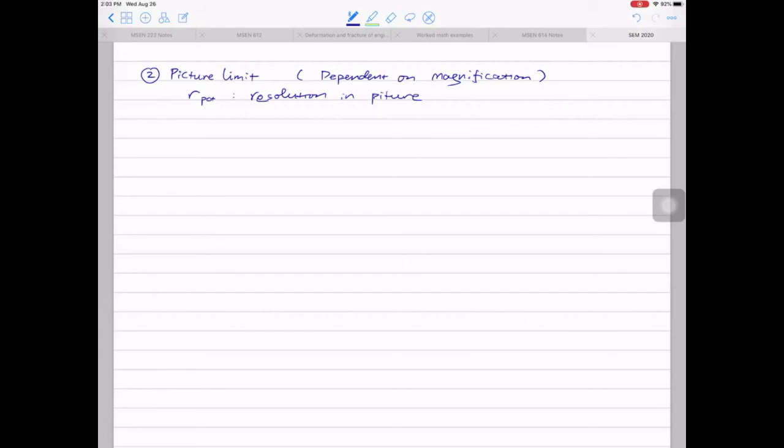Let's look at two examples. In the first case, we have 3 adjacent pixels. The first pixel is dark. The second pixel is dark. In this case, can we resolve these two objects? Or can we say these are two distinct objects? Something like this. So we have 1, 1, 0 if we just do binary.